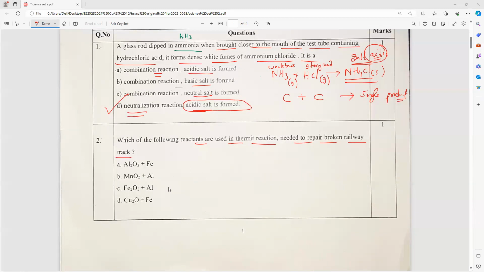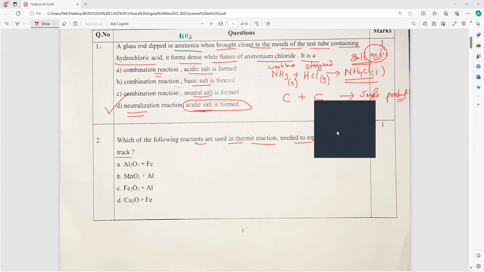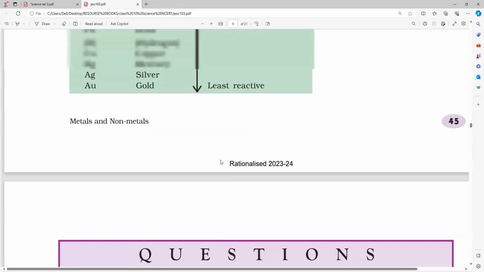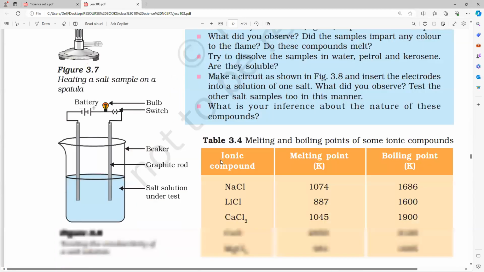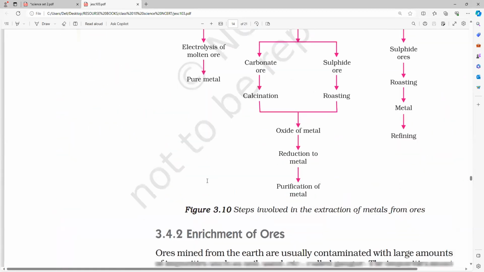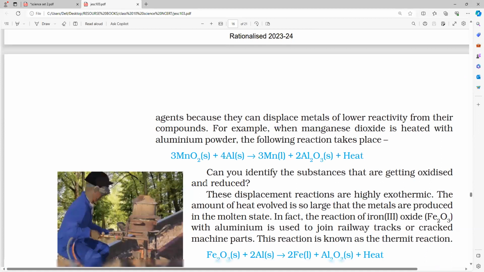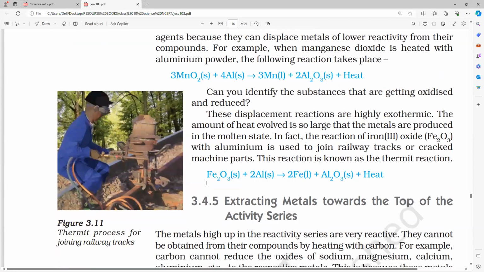Chapter number 3, all of you open it. Thermite welding: one is the aluminum and iron oxide reaction, and another one is manganese dioxide and aluminum. These are the thermite weldings.